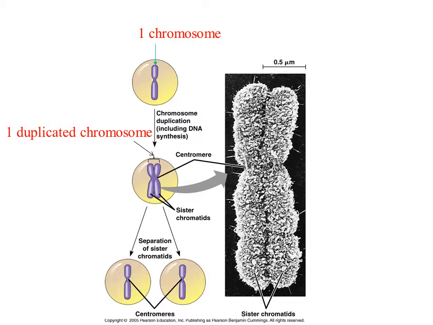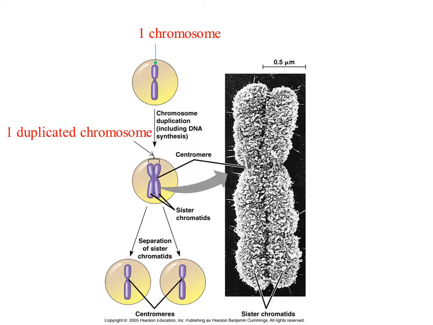This chromosome is going to go through a replication process during interphase. Remember, interphase has G1, S, and G2. During S phase, that chromosome will be replicated. It will still be linked together by a centromere. So in the picture in the middle, we have a duplicated chromosome.